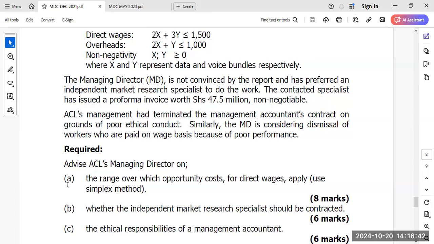But you're going to determine the range by using Simplex method. Remember, Simplex method is one of the methods we use when solving linear programming model.